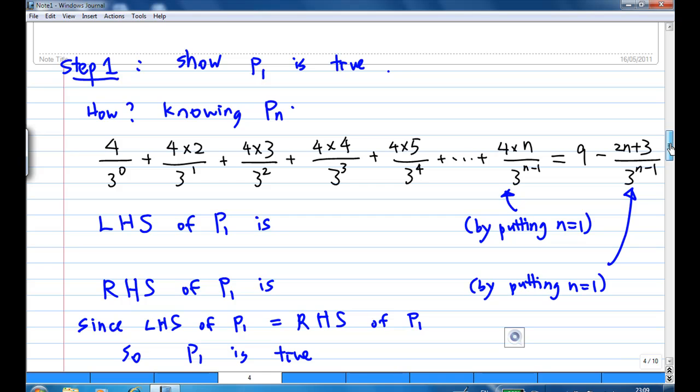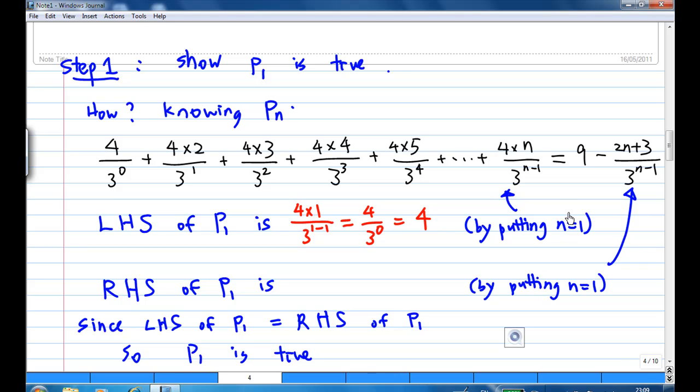To use mathematical induction, you have to show that P1 is true. How? Knowing that Pn is this term on the left hand side, let's look at the left hand side of P1. By putting n equal to 1, the left hand side of P1 is 4 times 1 over 3 power 1 minus 1. That is 4 over 3 power 0, which is 4.